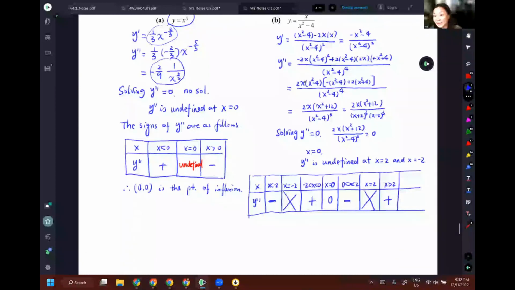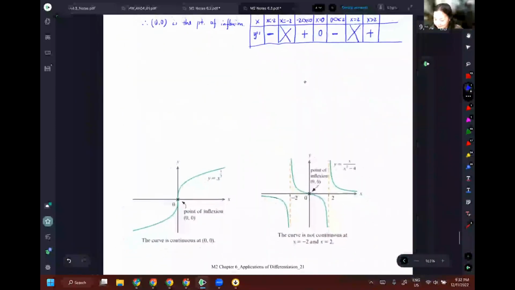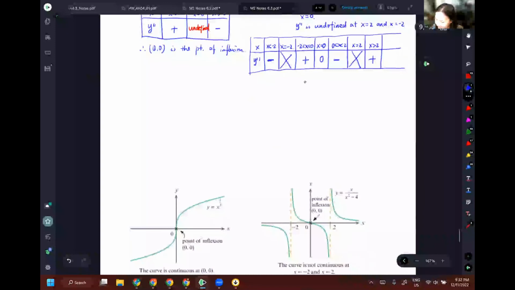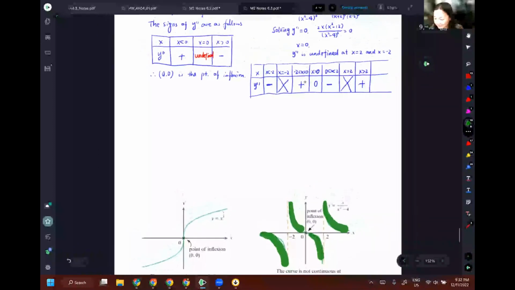Okay, and you can see the same thing on the curve. If you have one, you can see concave down, concave up, concave down, concave up, isn't it? It's consistent. It should be consistent.